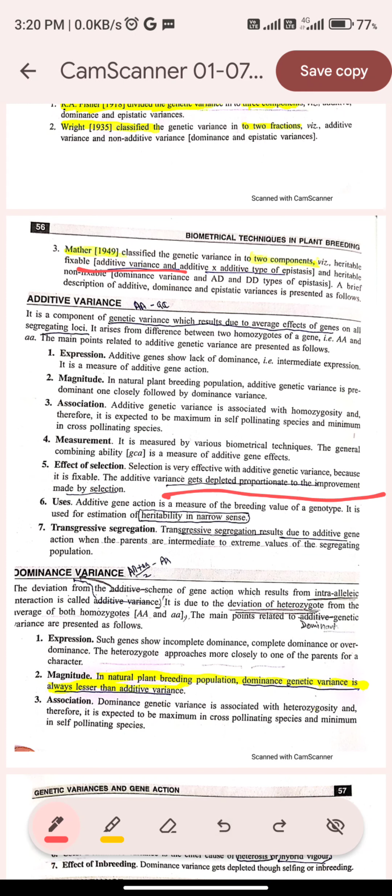Now transgressive segregation results due to additive genetic action when the parents are intermediate to the extreme values of the segregating population.